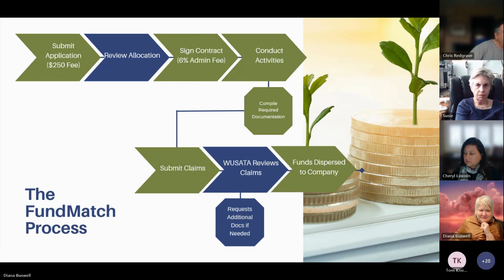Hi, Diana. This is Chris again. Can you talk about some of the most common mistakes that you see in applications or things that hold applications or funding up? Just things that we should all be getting out ahead of, dotting our I's and crossing our T's.